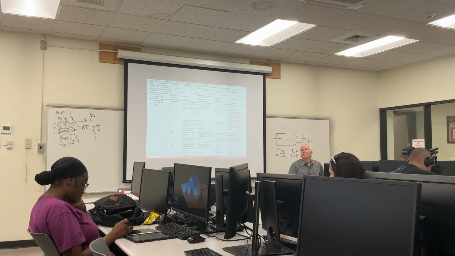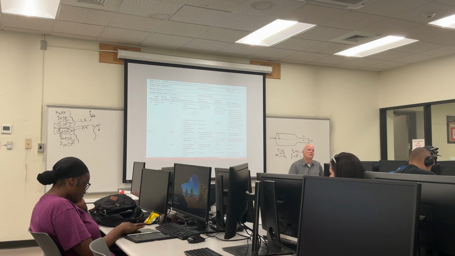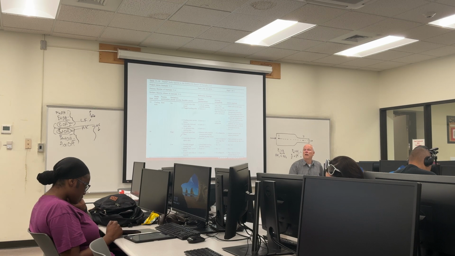but what we're doing here for the HAZOP is we're coming up with scenarios that would cause the problem that we talked about to happen. So they said the flow could be no flow.